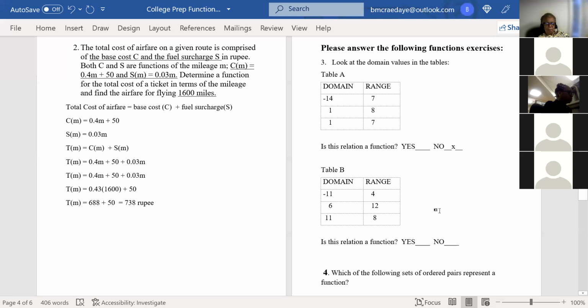Audrey, table B. Function or not a function? Can you see table B? Domain, X values, range, Y values. Is that a function? Yes or no?